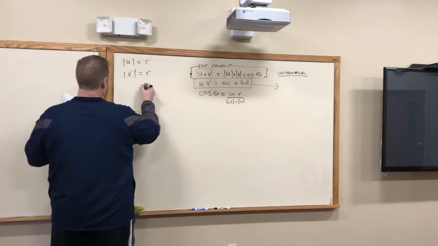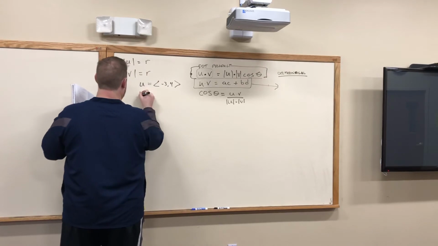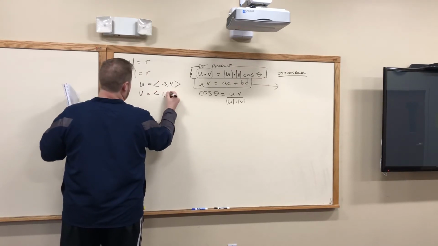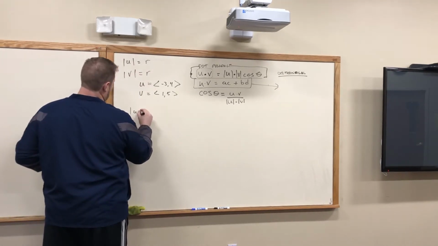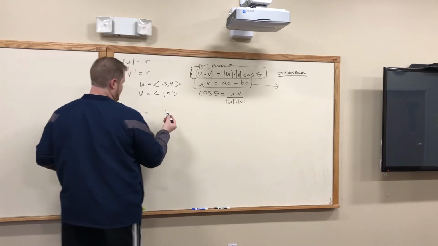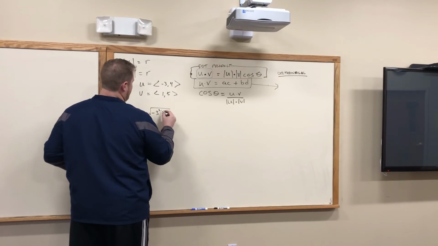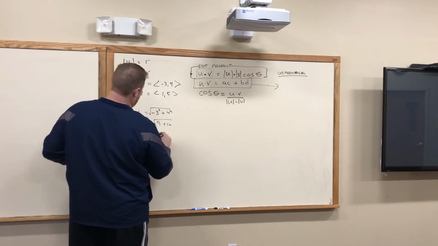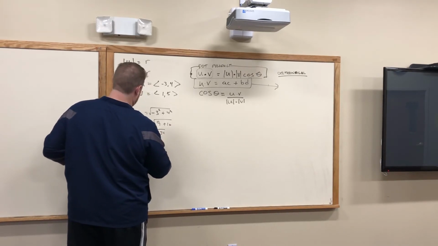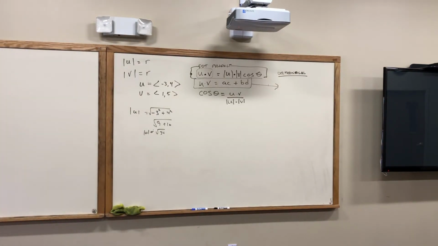So let's practice here. So u is going to be -3, 4, and v is going to be 1, 5. So we're looking for the theta. We have to start with the absolute value of u. So what is it going to be? The square root of -3 squared plus 4 squared. So 9 plus 16, square root of 25.